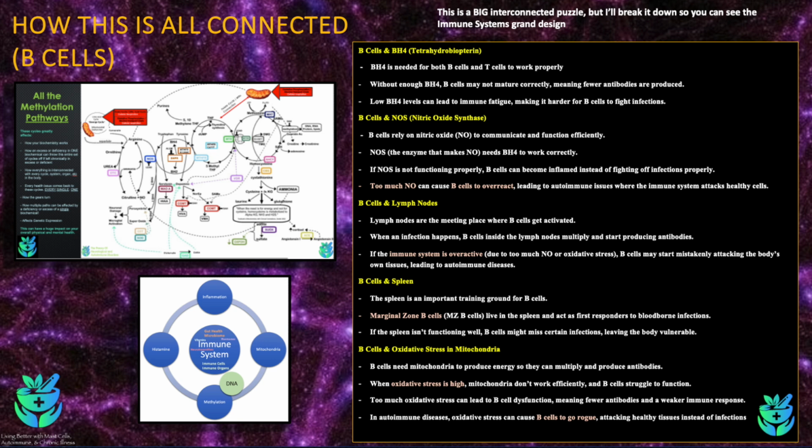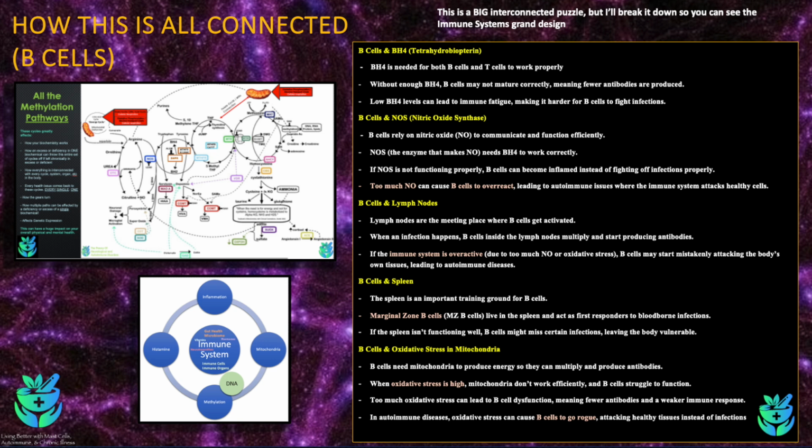NOS, the enzyme that makes nitric oxide, needs BH4 to work correctly, and we went over this in great detail in the methylation video. If NOS is not functioning properly, B cells become inflamed instead of fighting off infections properly. Too much nitric oxide can make B cells overreact, leading to autoimmune issues where the immune system attacks healthy cells.